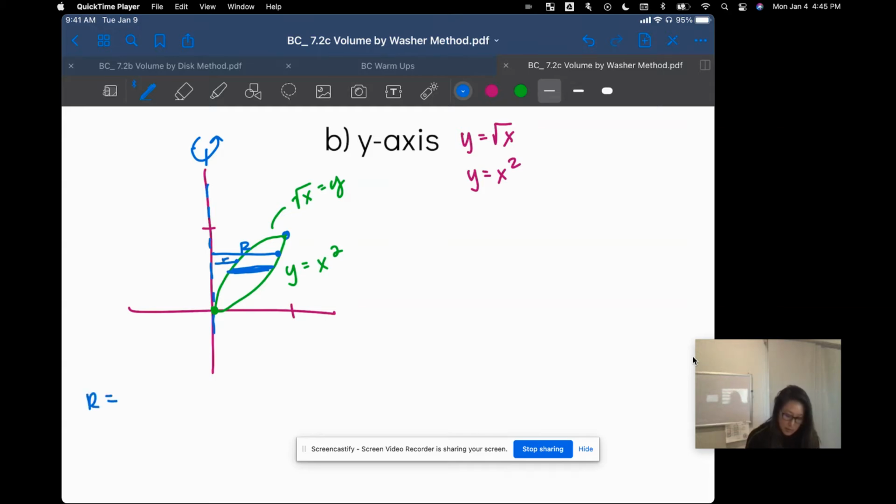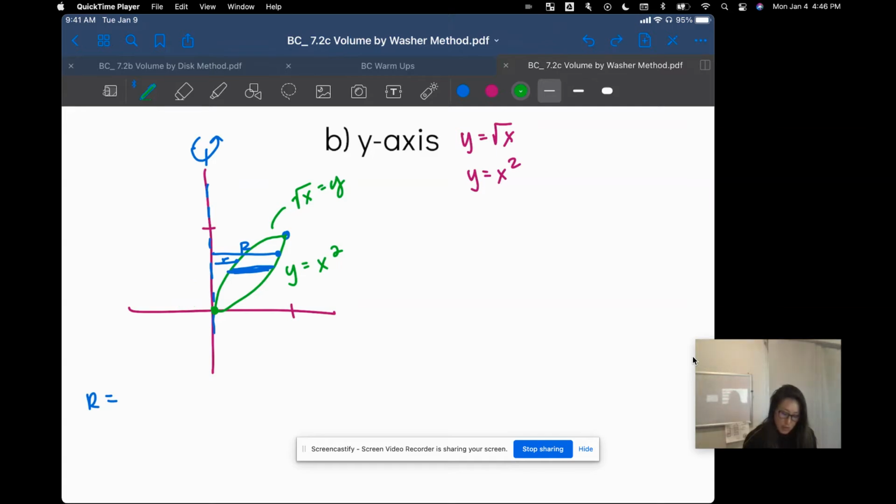So big R is equal to the outer ring. So the outer ring would be dominated by this curve out here, which is y is equal to x squared. But because we are stacking up the washers vertically, then we're dealing with dy, so the change in y.